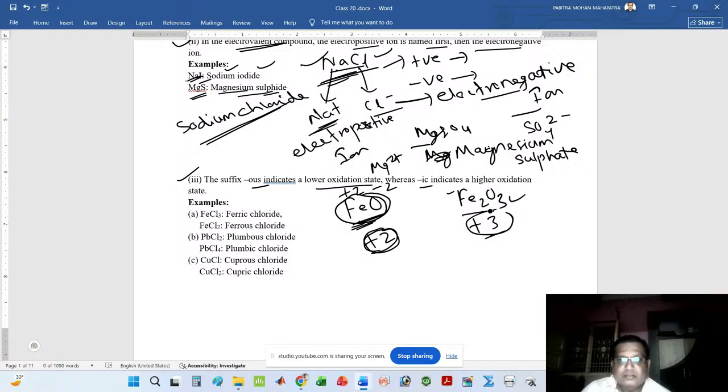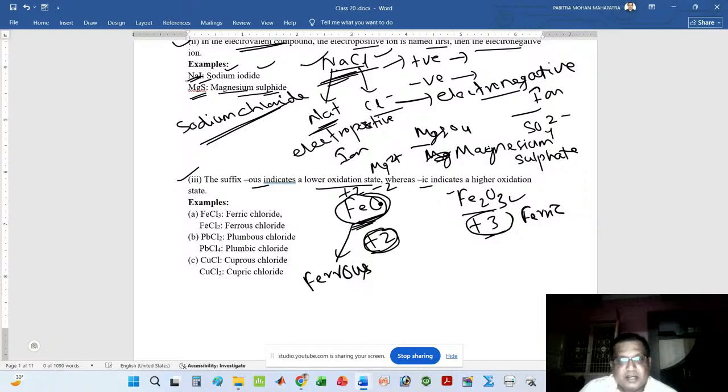So remember, for naming the FeO, it is compulsory to use the word -ous. That means you think about the ferrous. Next, for Fe2O3, you generally use the -ic word, that is your ferric.